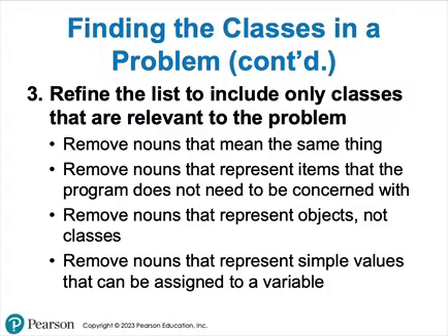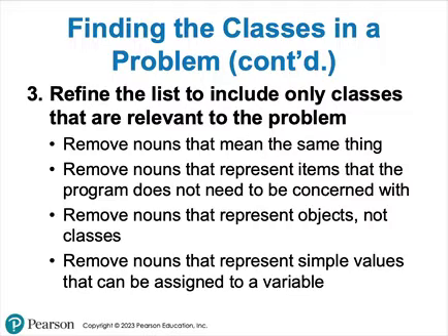Then what you're going to do is eliminate the nouns that have the same meaning, which is what I talked about, and then remove nouns that represent items that the program does not need to be concerned about. Maybe somebody talked about putting cars in garages, but the problem you're trying to solve has nothing really to do with garages. That was just extraneous information, and you can remove those. You can remove nouns that represent objects.